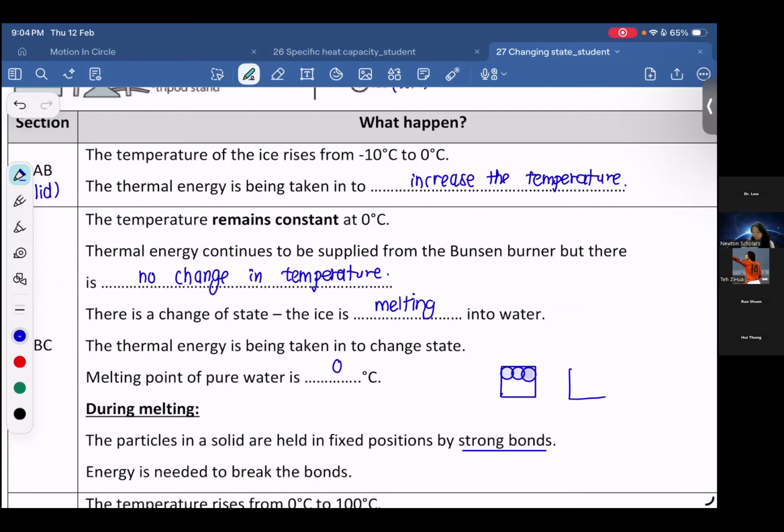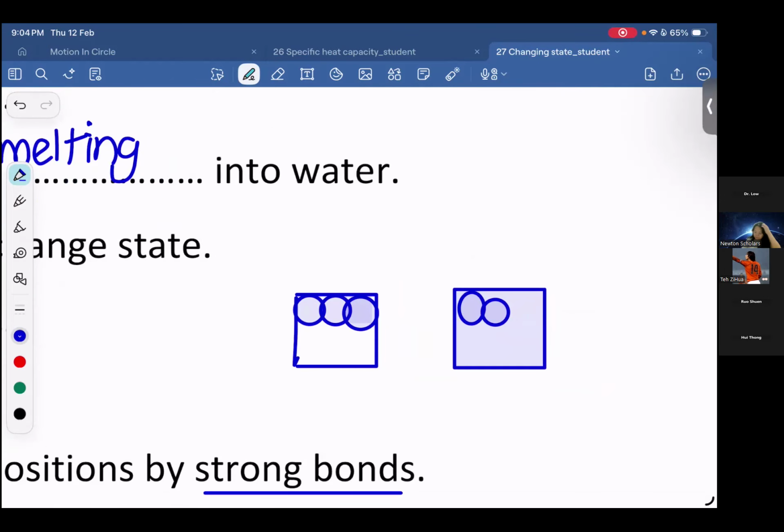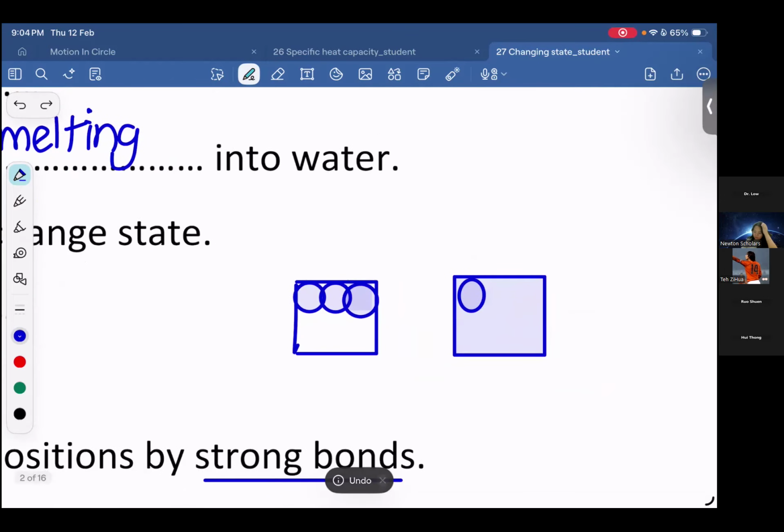But after that, liquid. Last time you asked me, you told me that your chemistry teacher will teach you about touching. So touching or not touching is okay for me, but if you want to touch, then you touch it. But in random arrangement, if you don't want to touch, my requirement is, let me redraw.